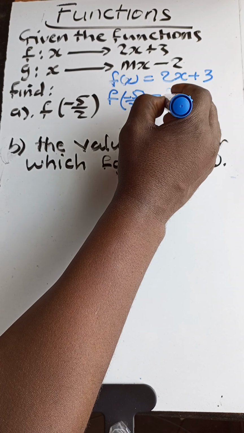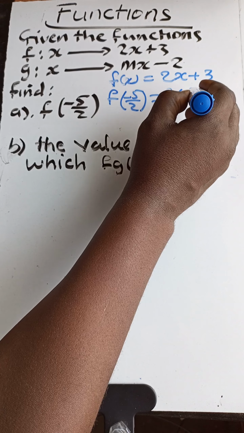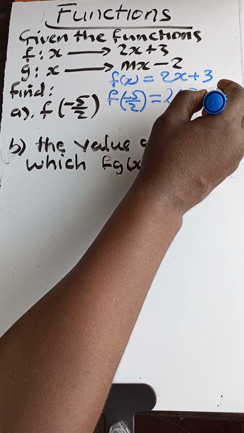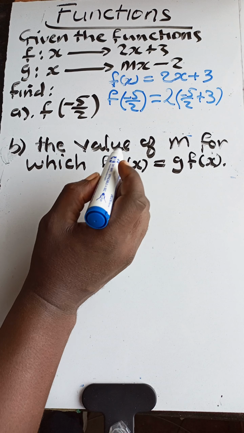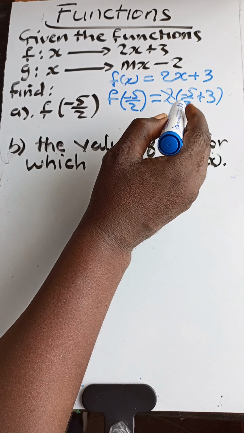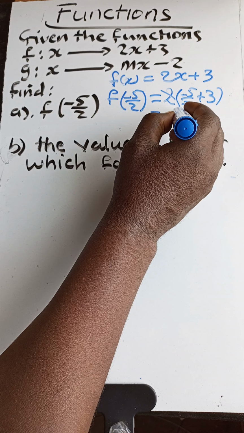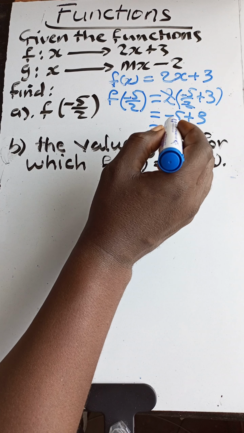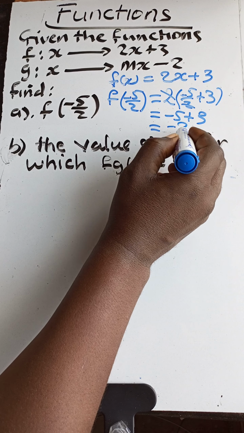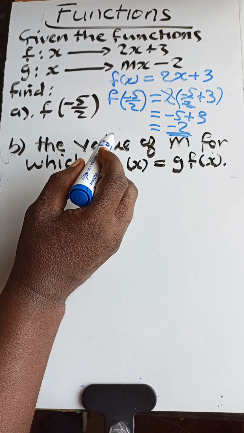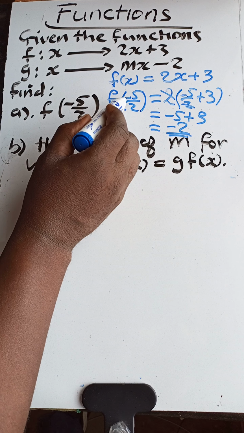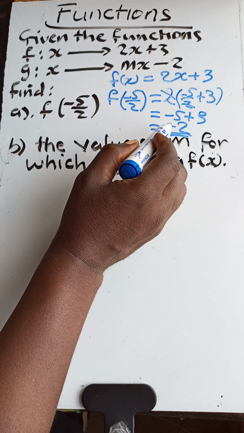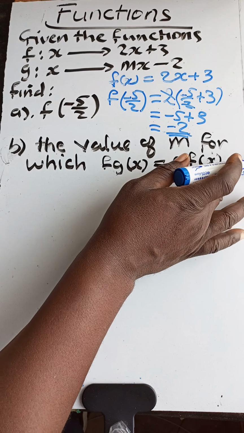So we're going to have 2 into negative 5 all over 2 plus 3. These 2 cancels out with that 2. We're left with negative 5 plus 3. And negative 5 plus 3 gives us negative 2. Therefore, the function value at negative 5 all over 2 is negative 2.